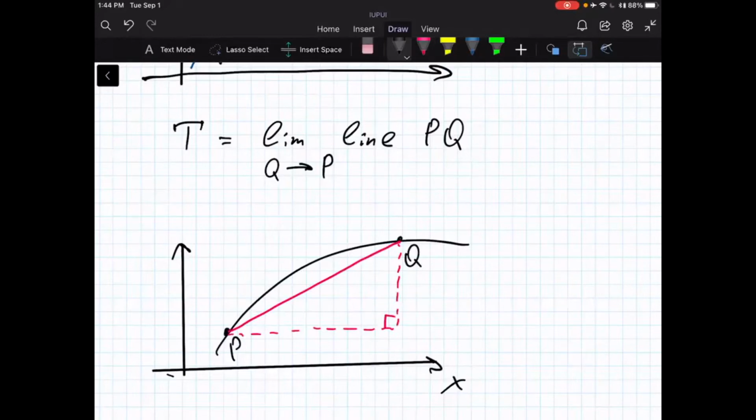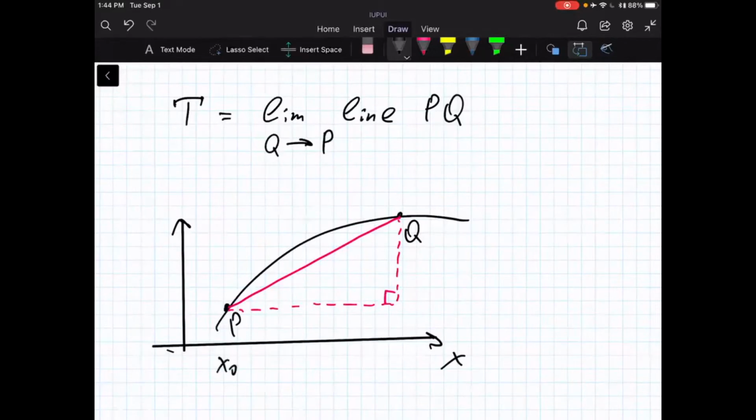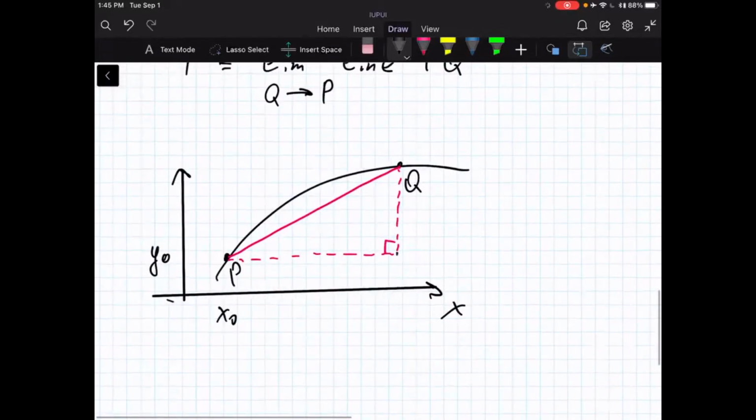And so P has coordinates, say x0, and this is y0. And Q will have coordinates x0 plus some delta x. And this delta x is just a change in x.